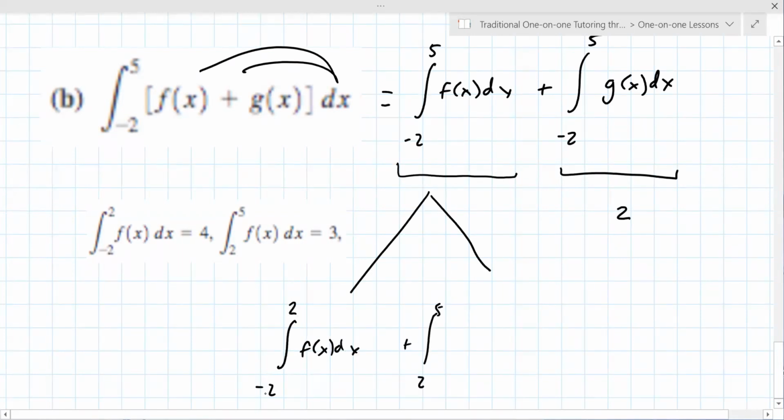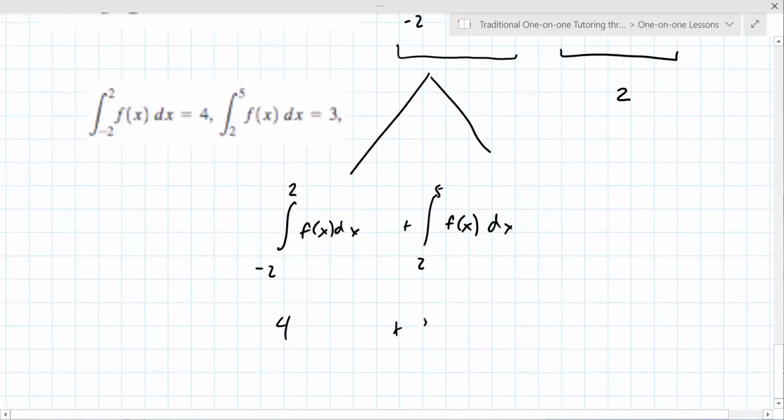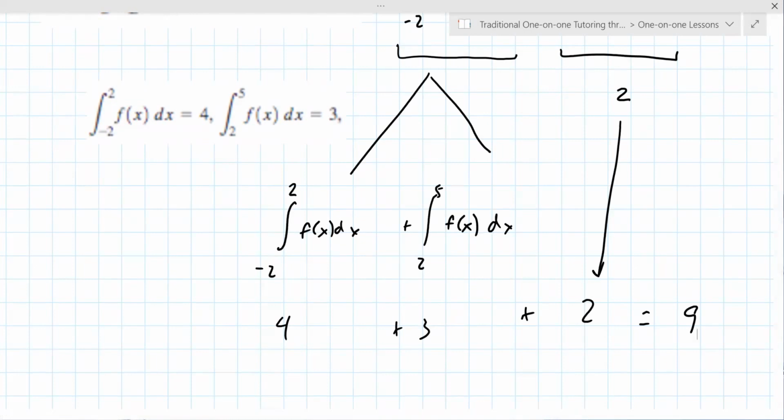See how there's a path from -2 to 2 and a path from 2 to 5. That's what this first one's saying: you can add up the individual parts to make the whole. So this is 4 plus 3 plus 2, which is 9. I think that's what it's asking for. Okay.